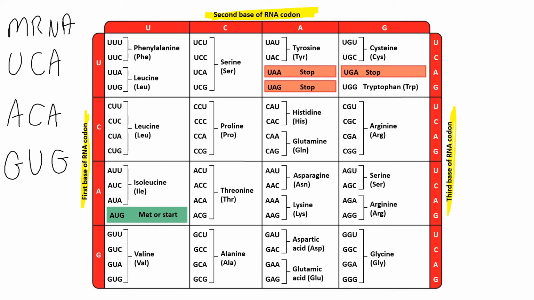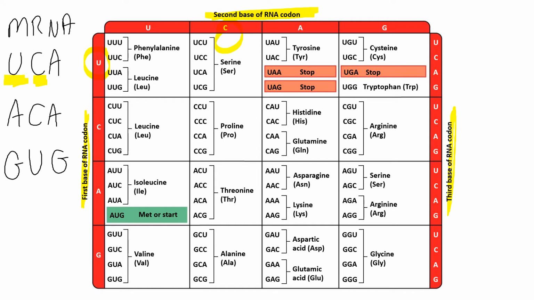So if my codon reads UCA, that means that my first letter, or my first base, is a U. So you would want to find the first base. So here is the first base right there, the U. Your second base is a C. So here is C right there.